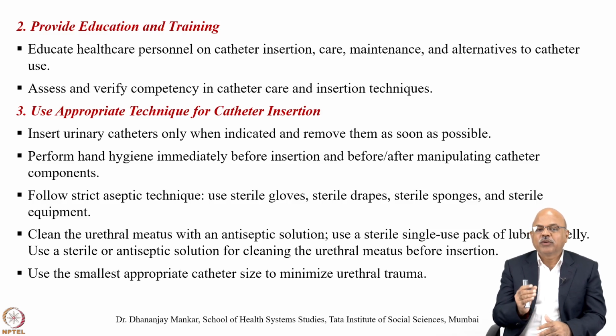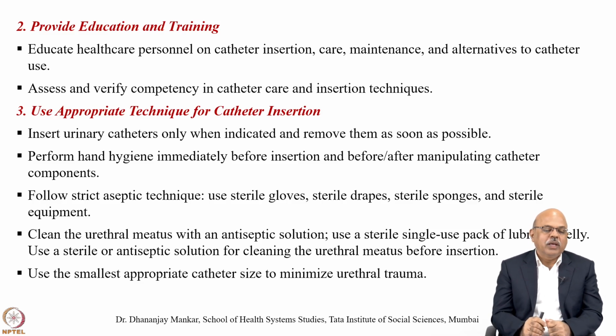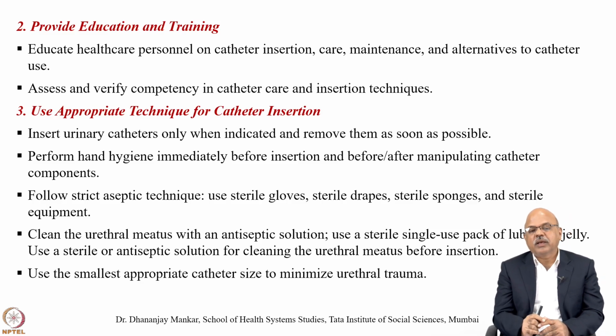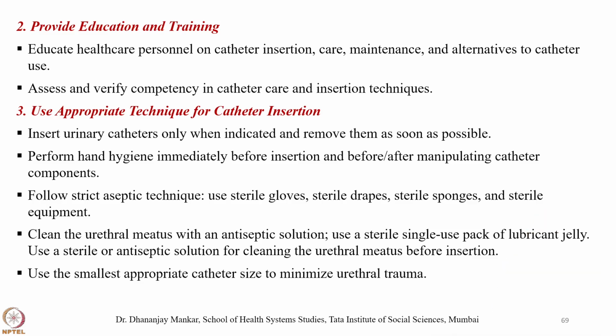Perform hand hygiene immediately before insertion and after, where you may find that a lot of components connected with the catheter have more chances of giving a hospital acquired infection to the patient as well as to the healthcare employees. Follow strict aseptic technique, using sterile gloves, sterile drapes, sterile sponge and sterile equipment.